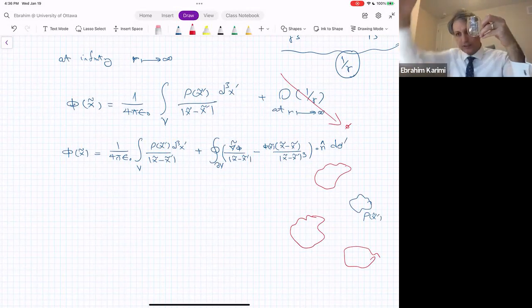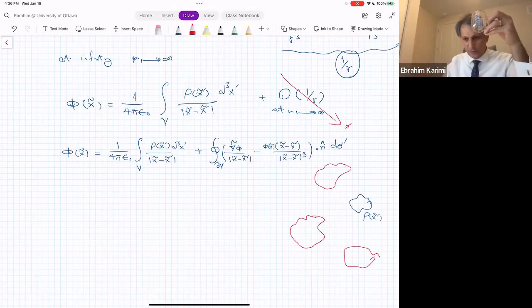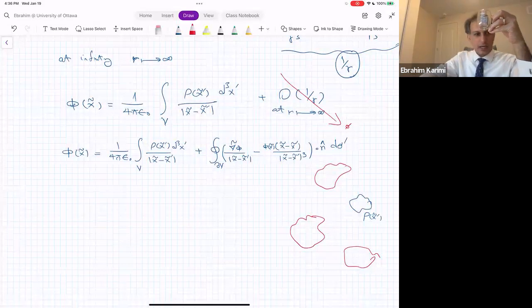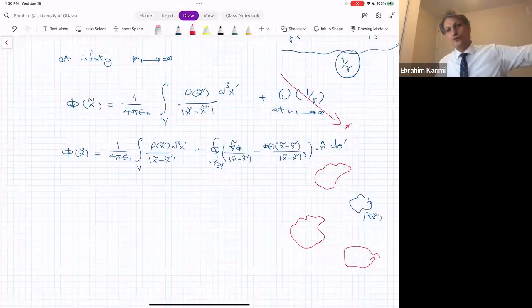Then I have metals around me in my lab, let's say my office. I have my laptop, which is grounded, and maybe different places that are also grounded. So I have different boundary conditions there. I'm not allowed to go to infinity and watch at infinity, so there is a boundary condition which is changing.